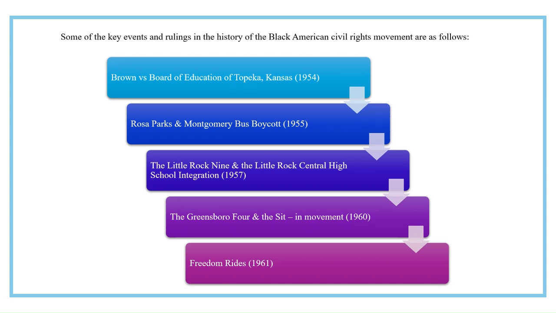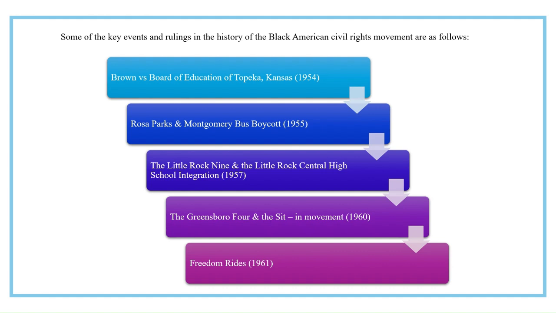The protest began on December 5th, led by Martin Luther King Jr. and others, and lasted for over a year. The boycott ended on December 20th, 1956, after the Supreme Court upheld the lower court's ruling that segregated seating on public buses was unconstitutional.